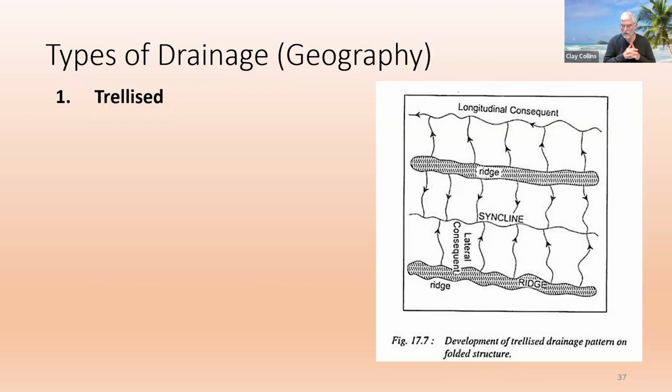So if we look at this trellised type of drainage system, where would you imagine that it would be the worst place for a home to be? How about right there? All the water seems to be running down towards that central area. It's running from the ridges on both sides.